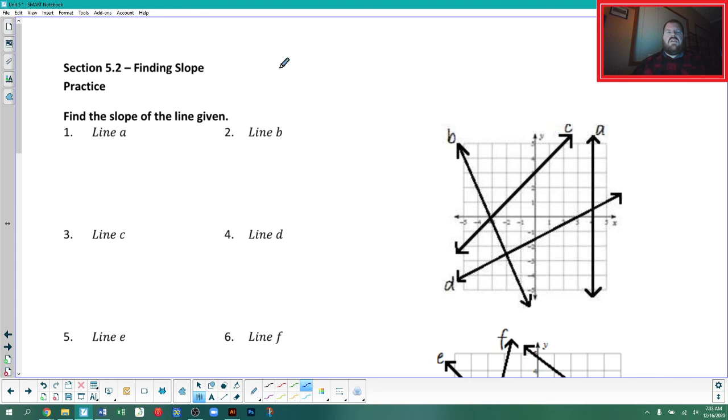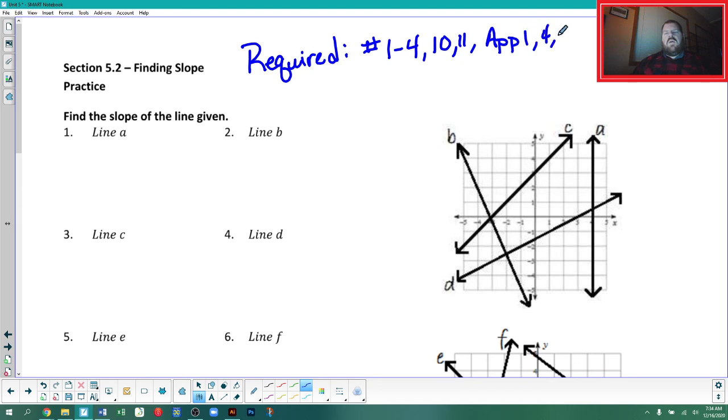Okay, so as far as what I would require you to do, required problems are numbers 1 through 4, 10 and 11, and then application 1, 4, and 5.